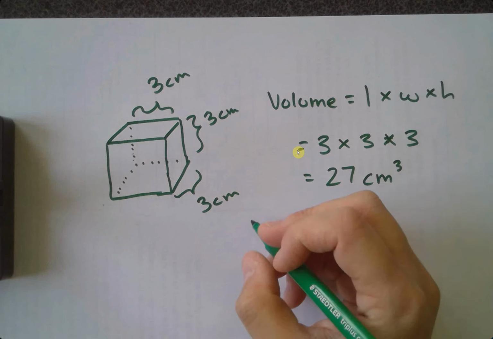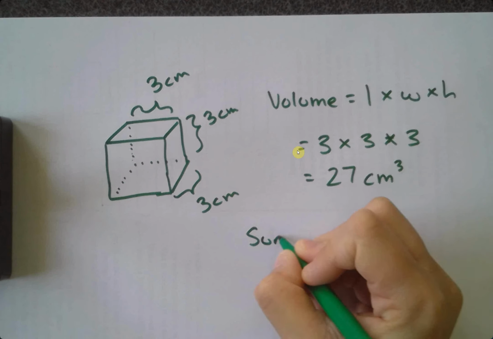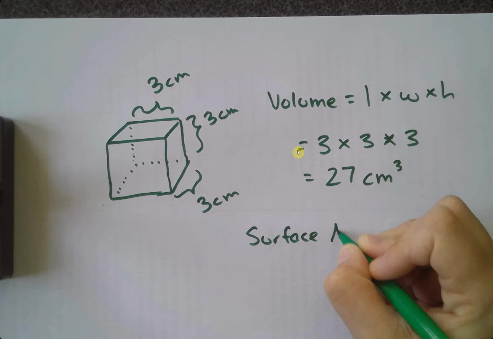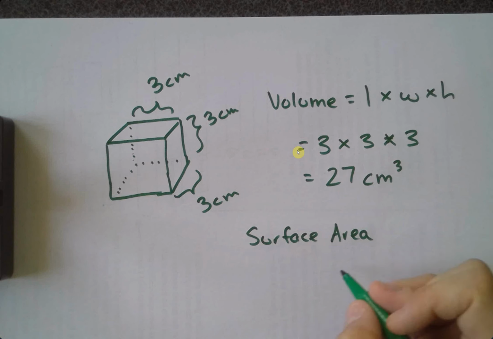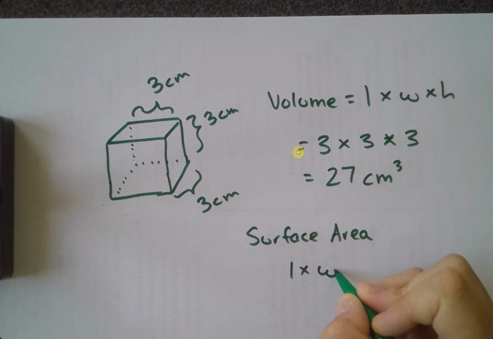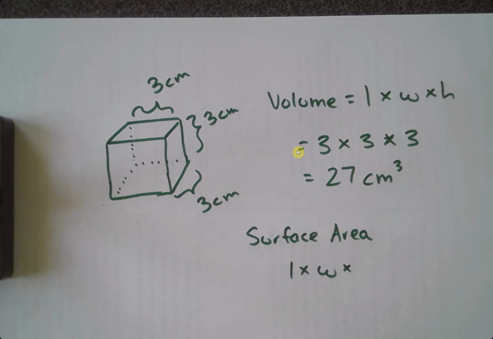All right. The next thing to calculate is surface area. With surface area, basically you want to find the area of one side of the cube. So we're doing length times width. And then we are multiplying by the number of sides we have. So how many sides do you have in a cube? 6.